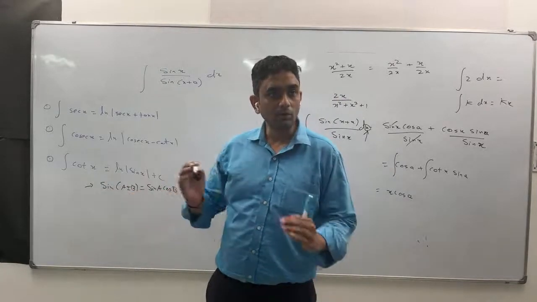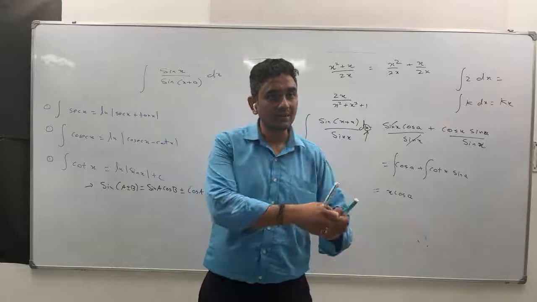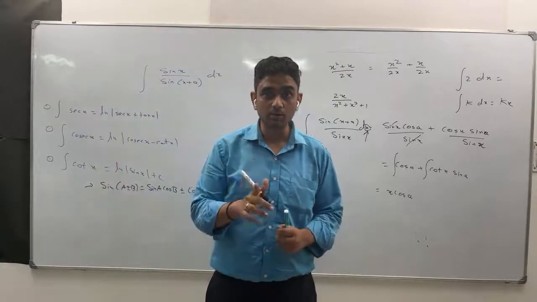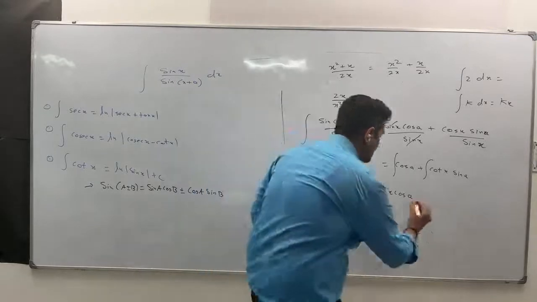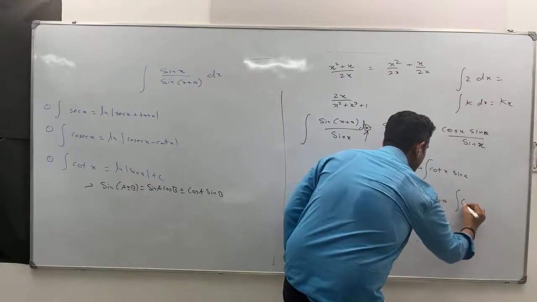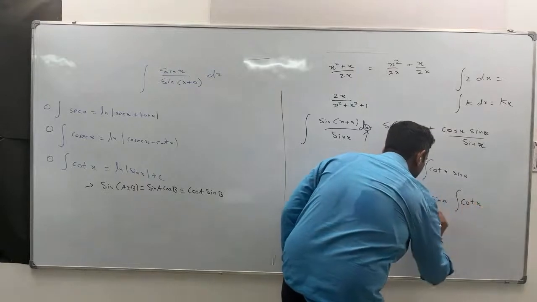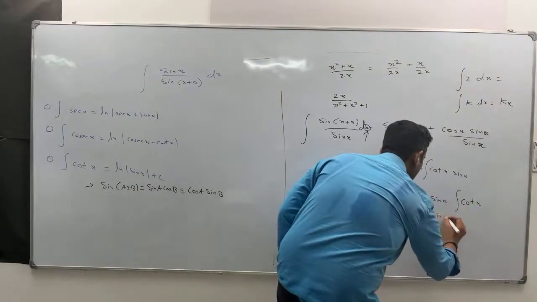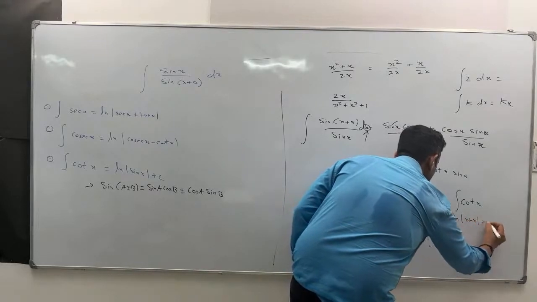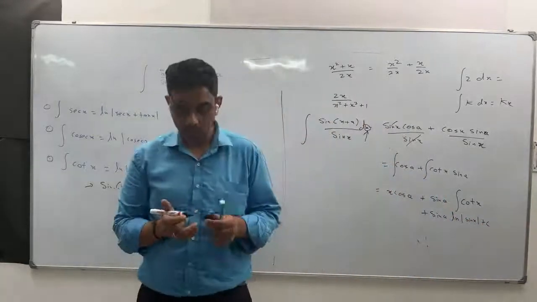When you multiply with a constant, you can take that constant outside the integral. So sin a is a constant, and I'll write it as plus sin a into the integral of cot x. This is a direct formula. So you'll get sin a into ln mod sin x plus c. This entire thing will be the answer.